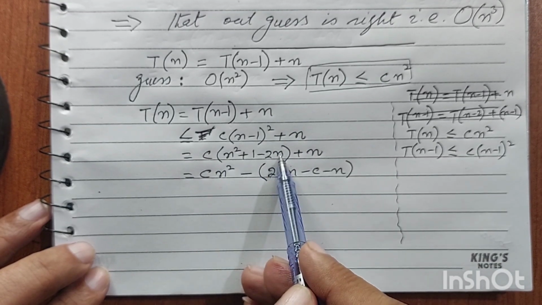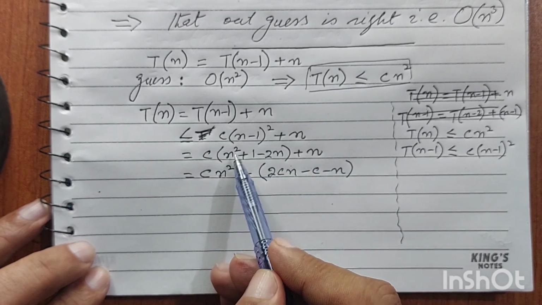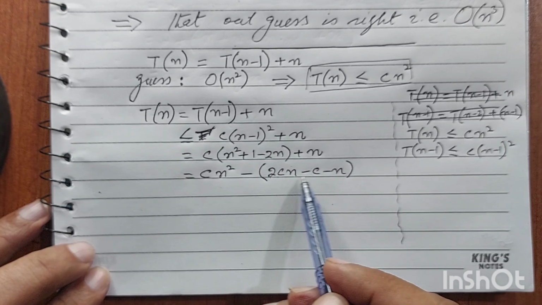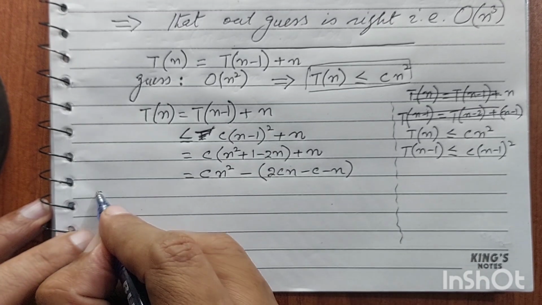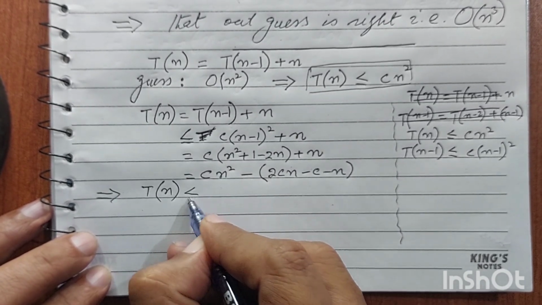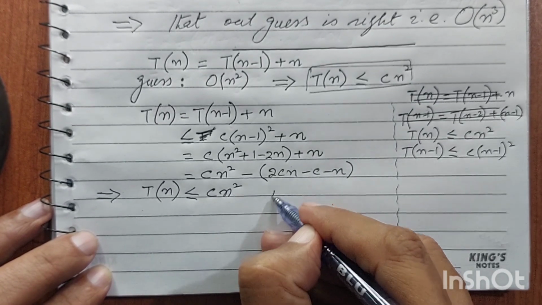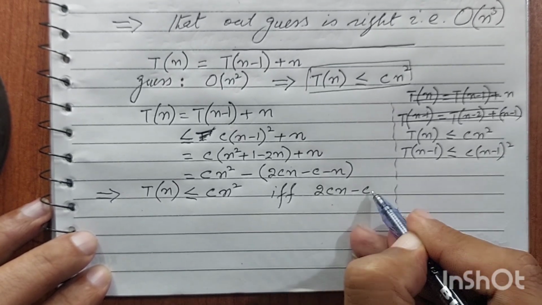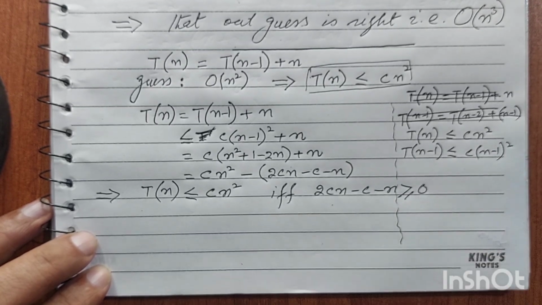Replacing it with this term here, that is C of n minus 1 whole square plus n, and then opening the square, it will become n square plus 1 minus 2n plus n, then this Cn square putting it aside, and the rest of the terms with a negative sign. So it implies that T of n is less than or equal to C of n square. That is required if and only if 2Cn minus C minus n is greater than or equal to 0.